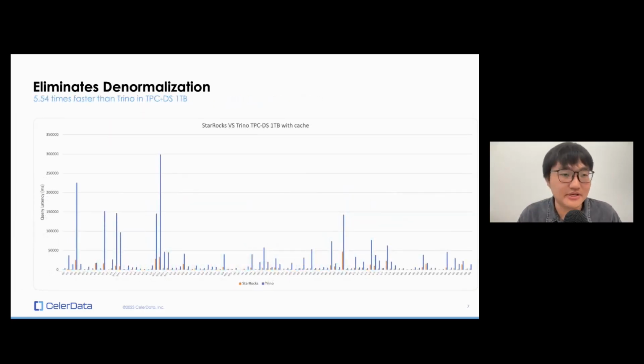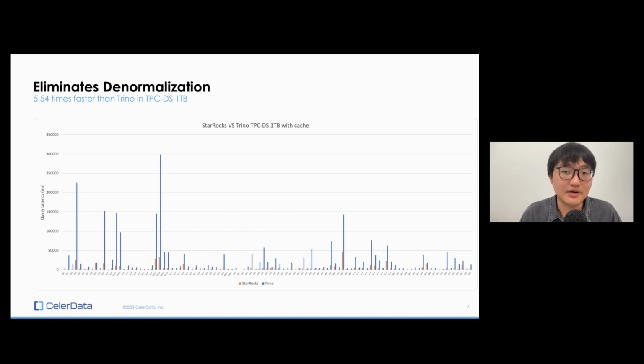The TPC-DS benchmark test. TPC-DS, I would say, the queries resemble more those complex ad hoc queries on the data lake, and those really complex ETL queries, right? Your data transformations and long running queries, right?